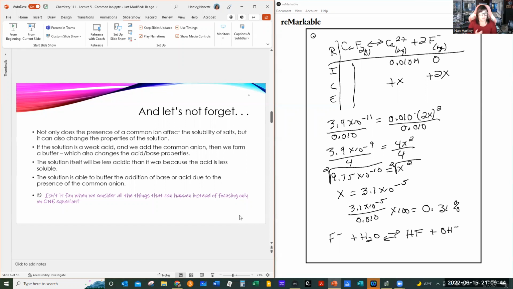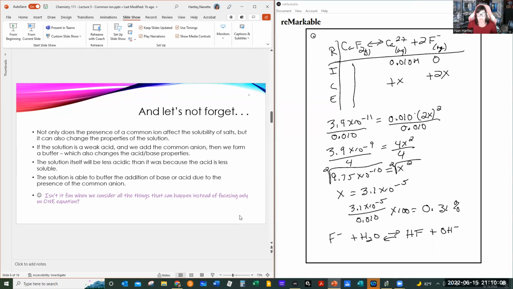So are we just going to change the pH like we do here, because of the presence of the F minus ion, which will react to give us the OH minus, which will then raise the pH? Or are we creating a buffer, in which case we have to think about how that's going to behave when we add an acid or a base to it.